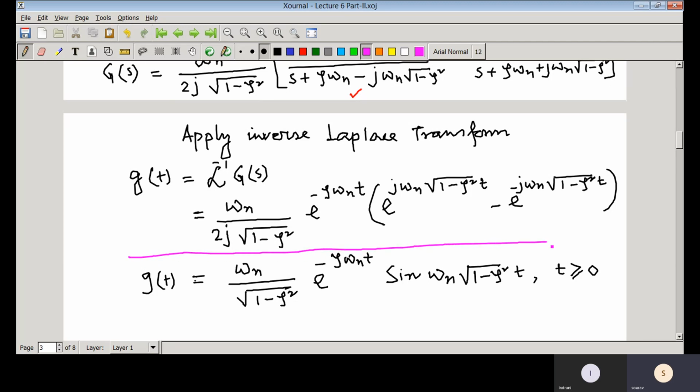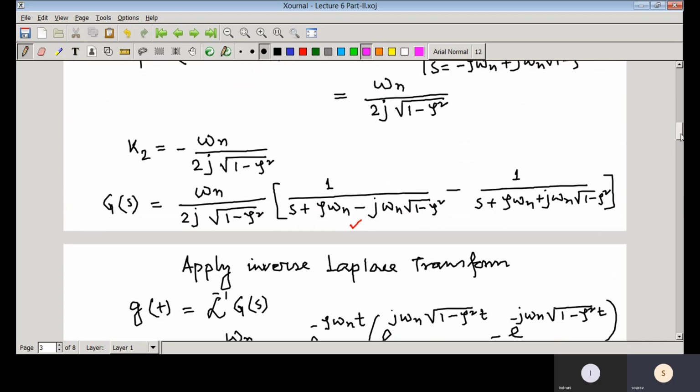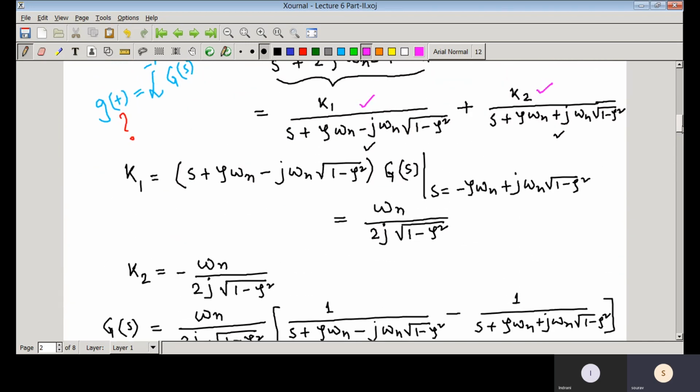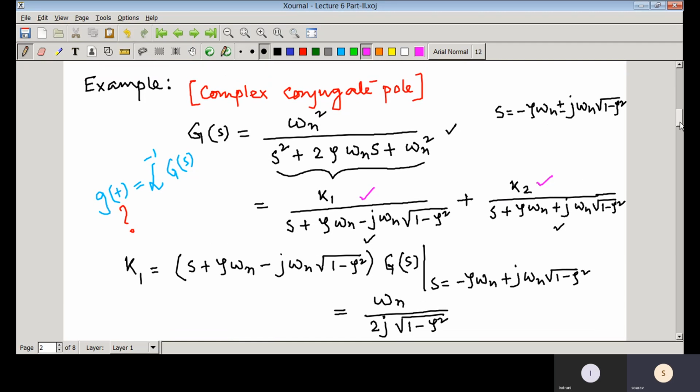As I have just mentioned before starting this problem, this expression and this particular method is very important, and it will be used particularly in your time domain analysis that I'll be discussing later. And whenever you have that complex conjugate pole, this is how to find that g(t).